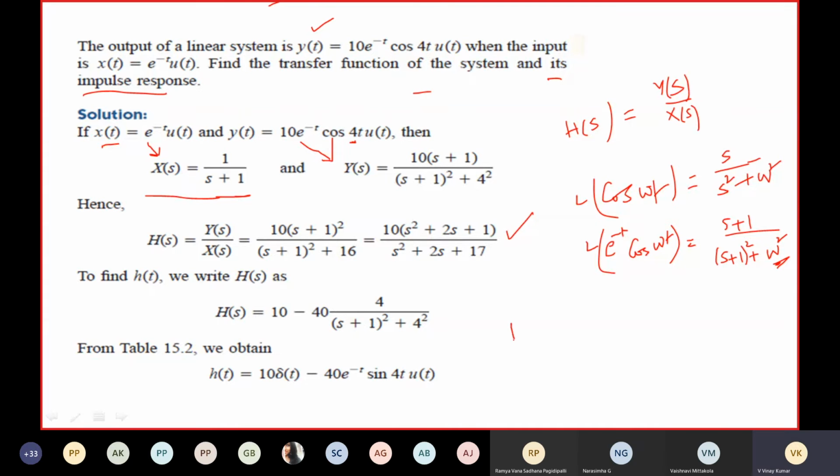What is the impulse response? H of t is the Laplace inverse of H of s, the Laplace inverse of the transfer function.